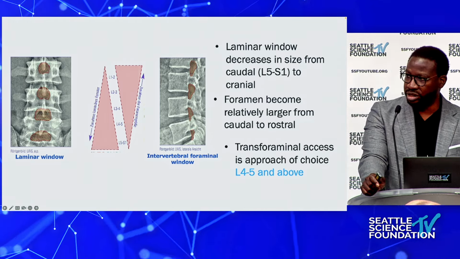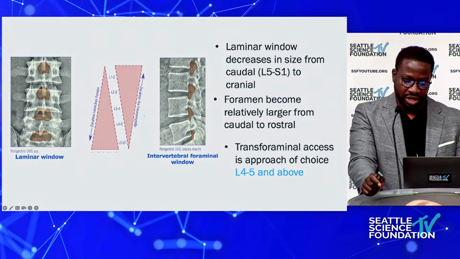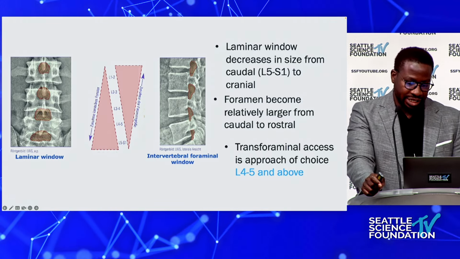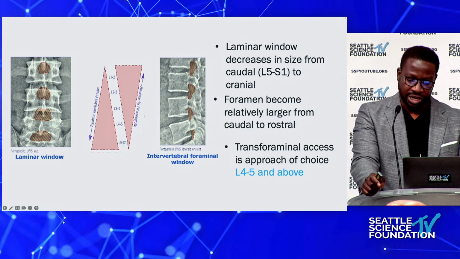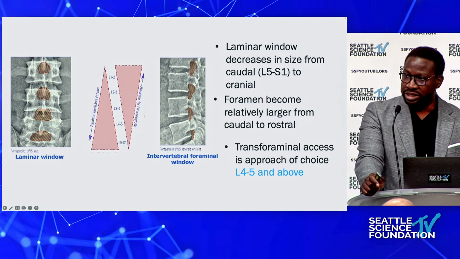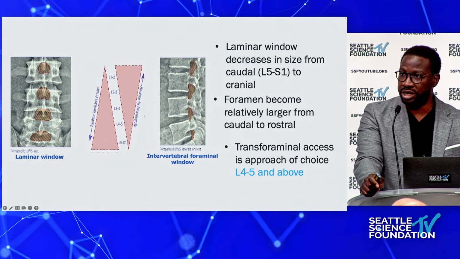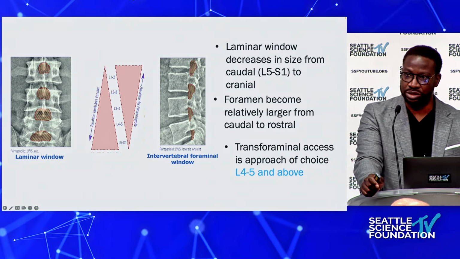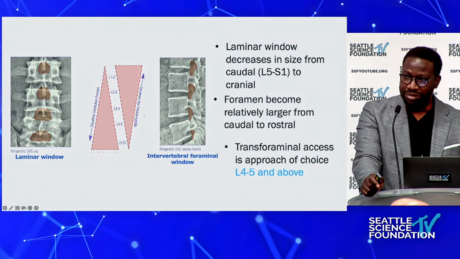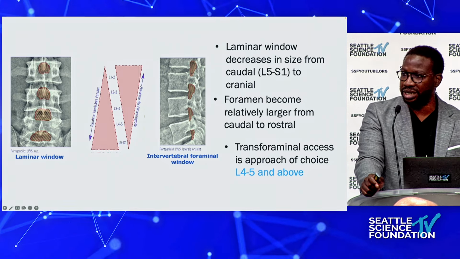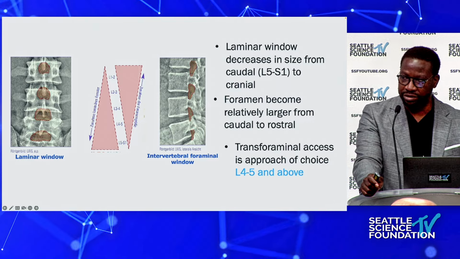At the higher levels in the lumbar spine, the interpedicular distance is larger, and it gets smaller as you get down lower into the spine at L5S1. So for that reason, L4-5 and above is a great approach for transforaminal surgery. It can be deployed at L5S1, but those are very specific cases that can be very challenging, especially if the iliac crest is in the way.